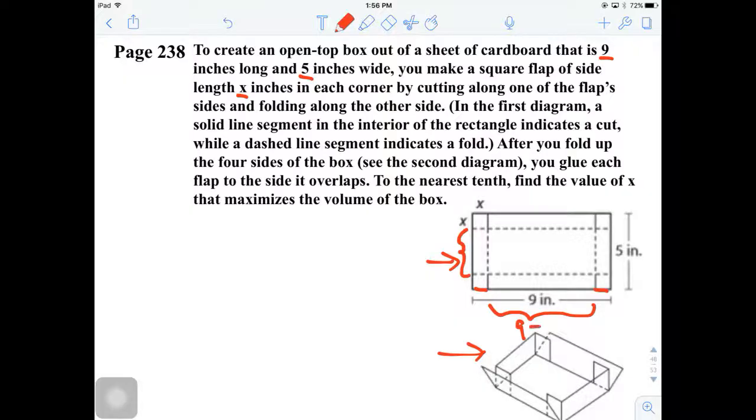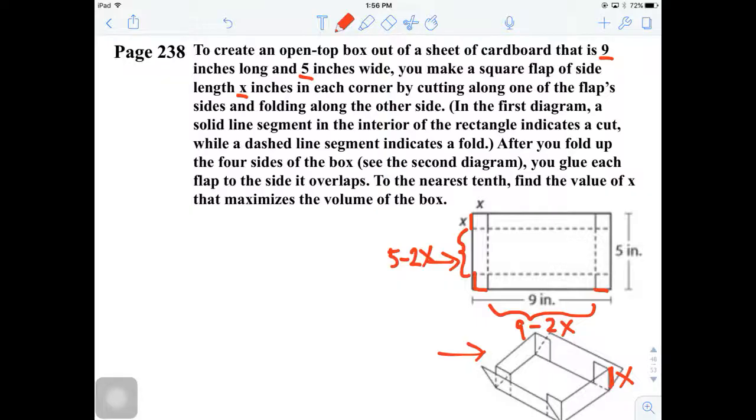So it's 9 minus 2x that should be the new length. And then the width, same thing. The total is 5, but you're going to subtract the two corners that are folded up, which means 2x. So now we've got two dimensions that have changed, but the height should still remain the same, which is just x. So we've got three dimensions.